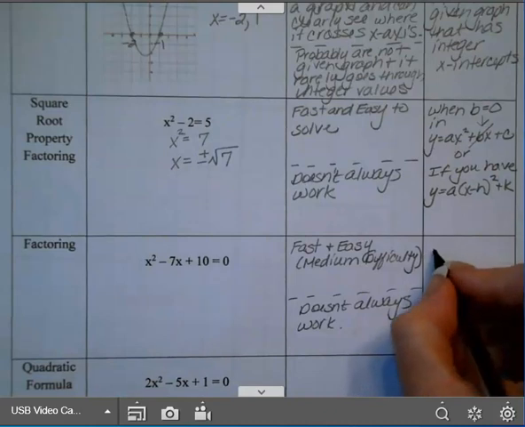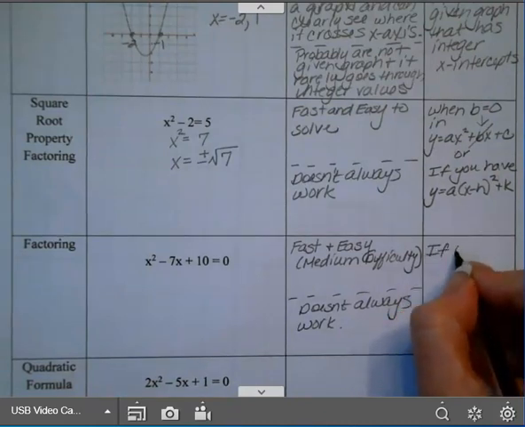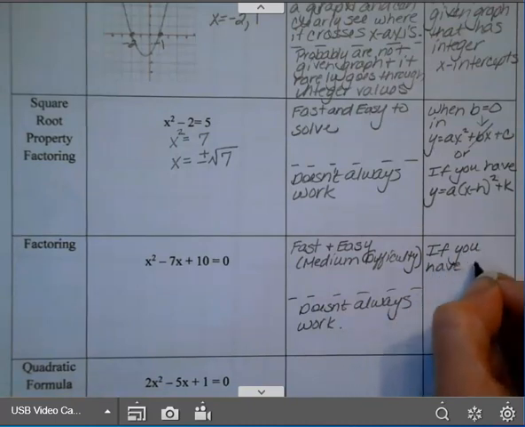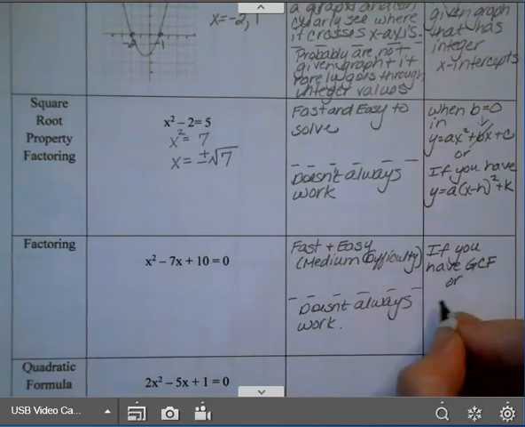You're going to use this when you have a GCF, or a product sum relationship.